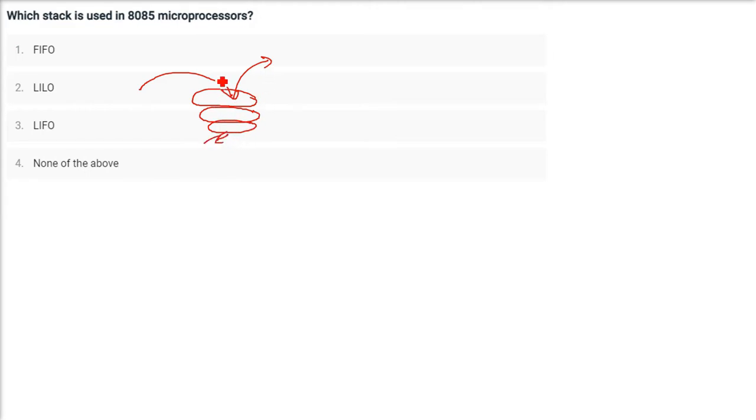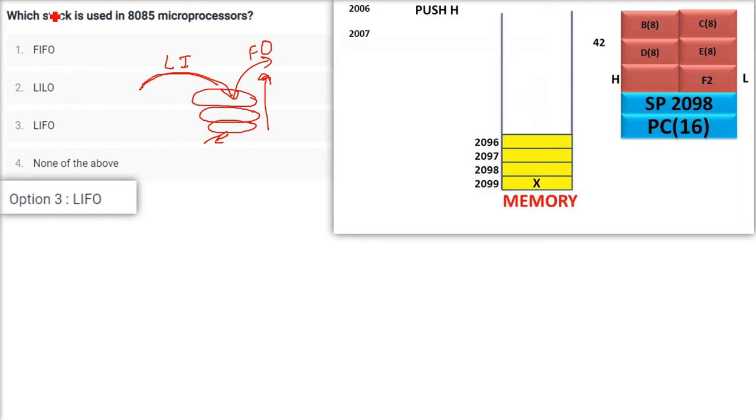This formation is called stack. In programming also, we implement this last in, first out. The plate which is put last has to be taken out first. So which stack is used in 8085 microprocessor? LIFO, last in, first out.